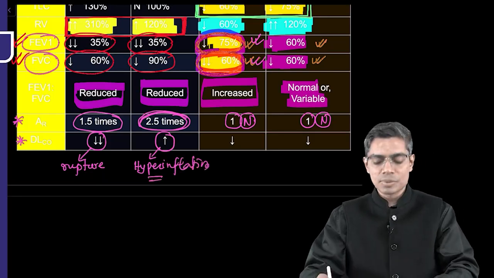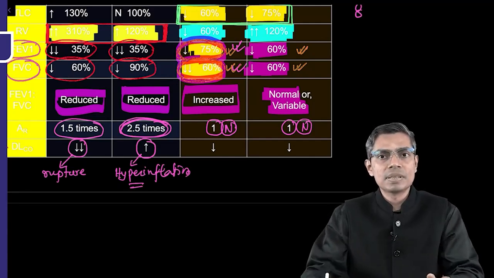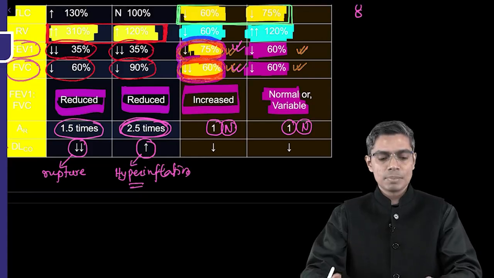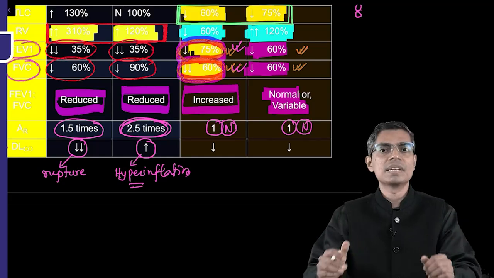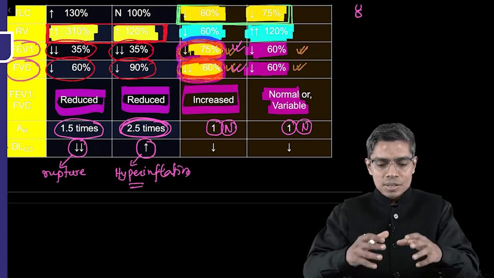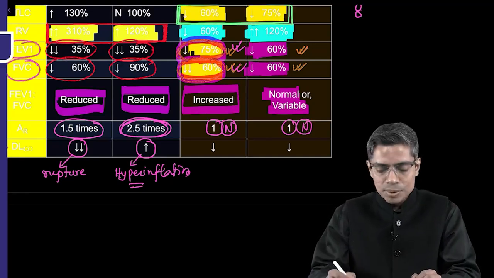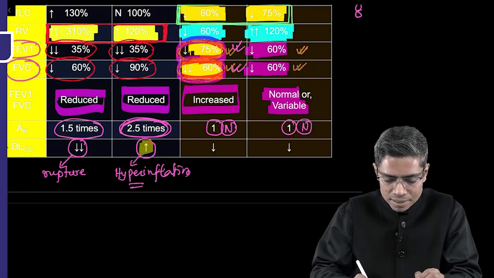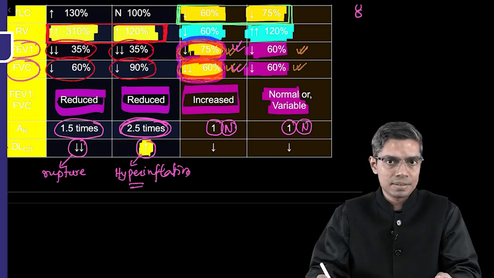During an acute attack of asthma, due to bronchospasm, what will happen? The subject will take inspiration, but during expiration there will be bronchospasm. So more amount of air will remain in the lung, and due to hyperinflation of this lung, there will be increase in diffusion. That's why it is written in addition that diffusion capacity increases a little bit, right?